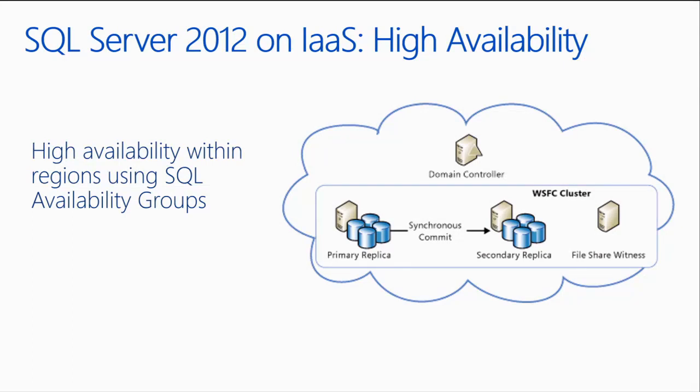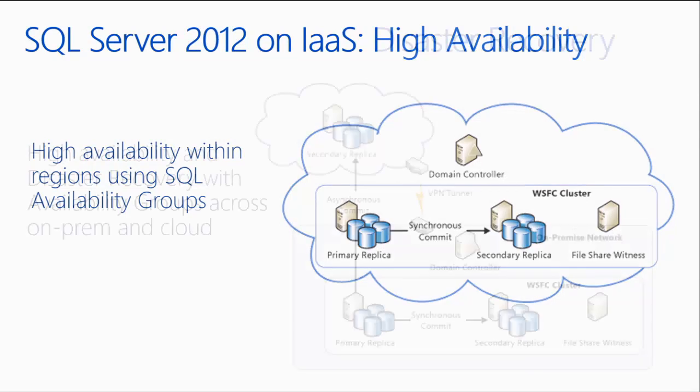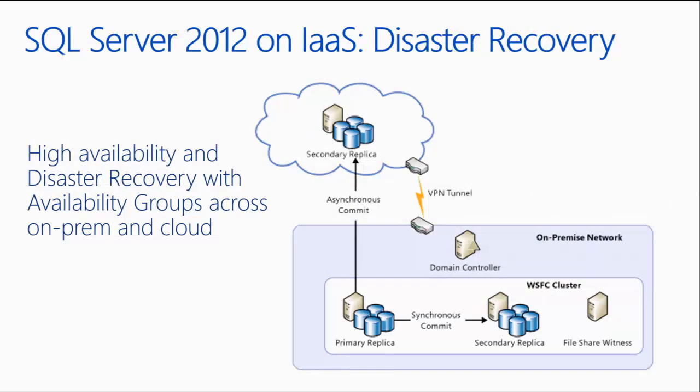Now, this is not all. So again, this picture is about making it highly available using SQL availability groups. You can also have a different scenario where in the bottom part, you have the on-premises network, which is running on-premises availability groups of SQL Server with replication in your domain controller.